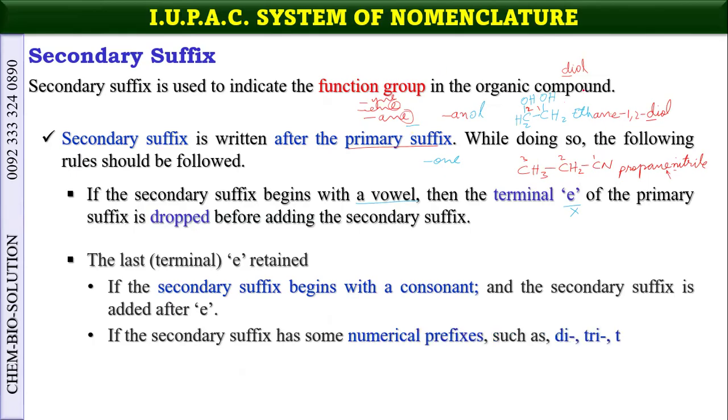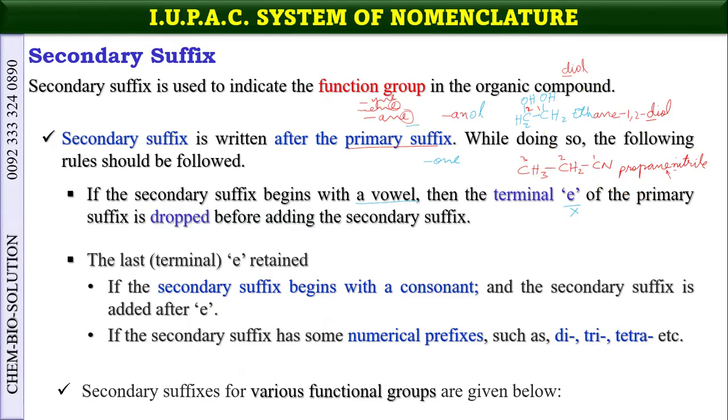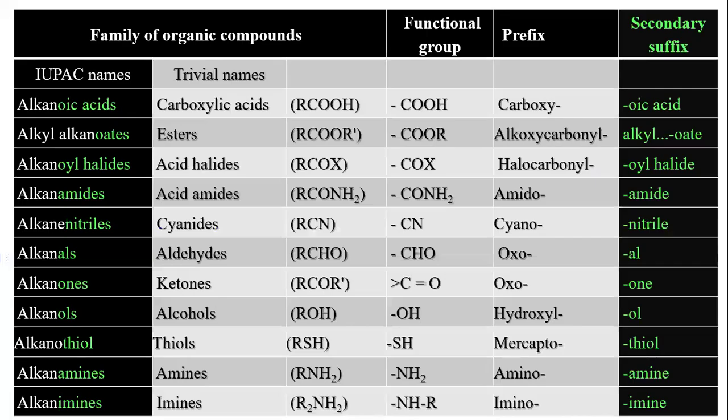Numeral prefixes like this: diol, triol, tetraol, or it could be for any other functional group. Right now I have shown this. Now see the secondary suffix for various functional groups.